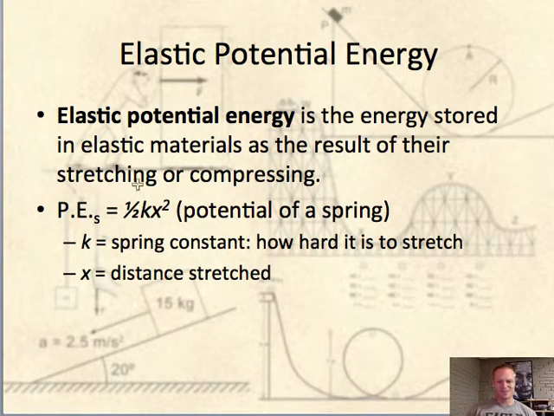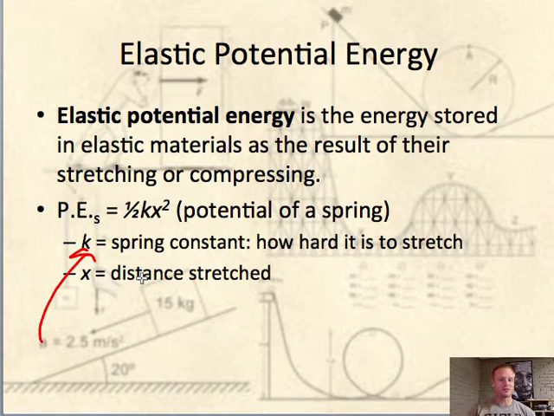There are some new variables here. 1/2 is just 1/2, but k is called the spring constant. It's just how hard it is to stretch a spring. A spring that has a high k will be very difficult to pull apart or compress, whereas a spring that has a low k value would be relatively easy to pull apart or compress.